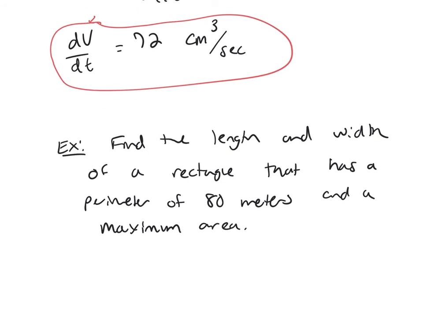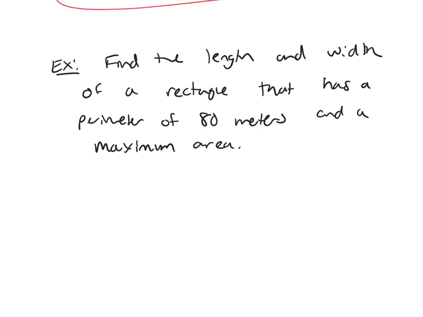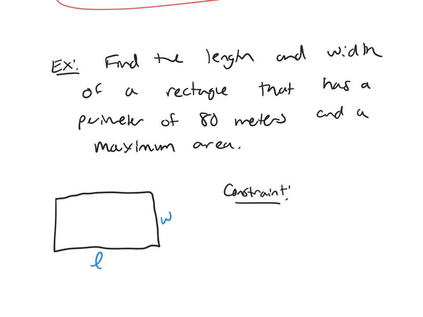So with optimizations, you always have a constraint. So here, let's draw our rectangle. So one side length will be the length and another side length will be the width. And so our constraint here comes from this perimeter is 80 meters.